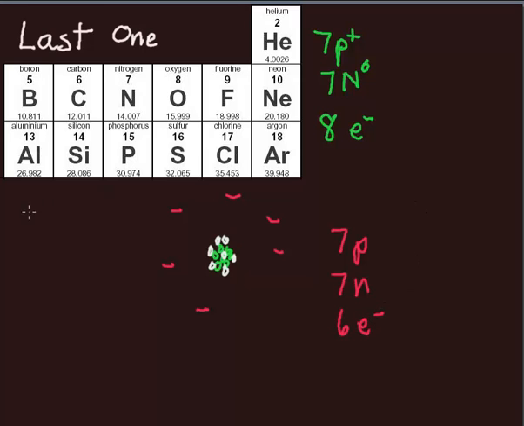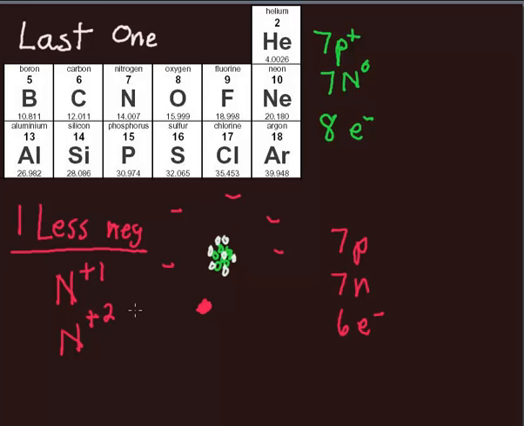It is 1 electron less, so it's less negative. When something is less negative, it becomes more positive. So this would be a nitrogen ion with a +1 charge. And if we had 2 less, then it would be a +2 charge. I think you get the idea.